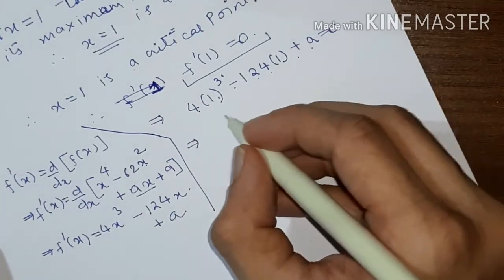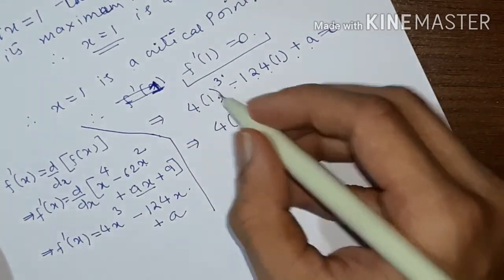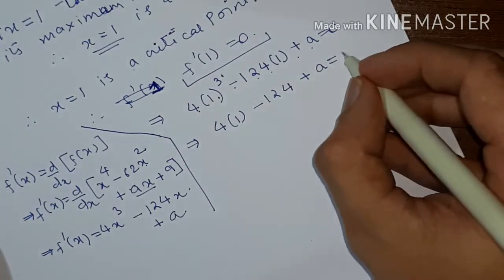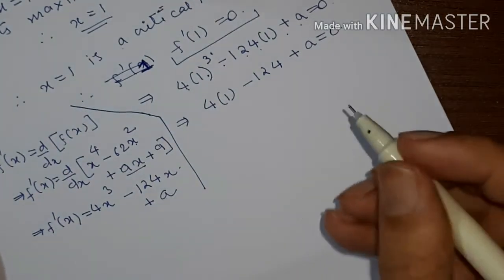So what you will get, 4 times 1 cube is 4, minus 124 plus a equal to 0.